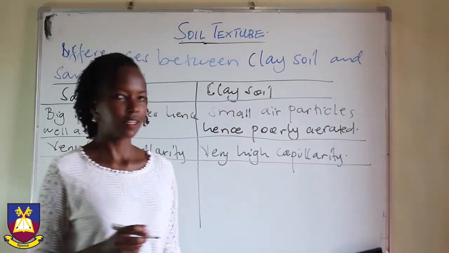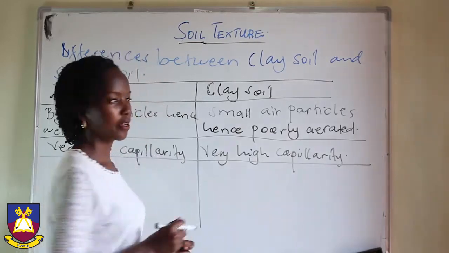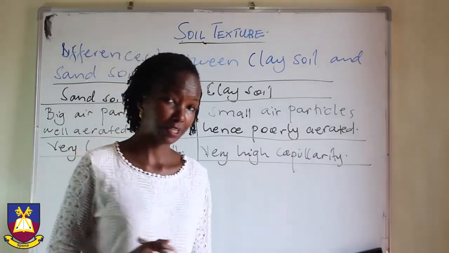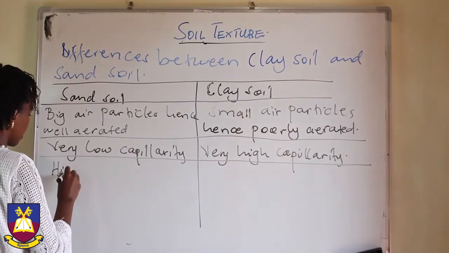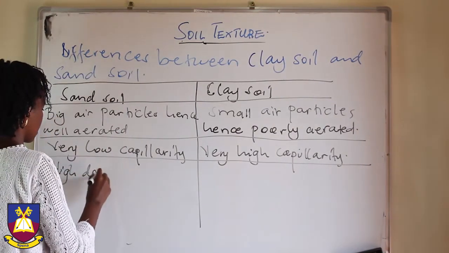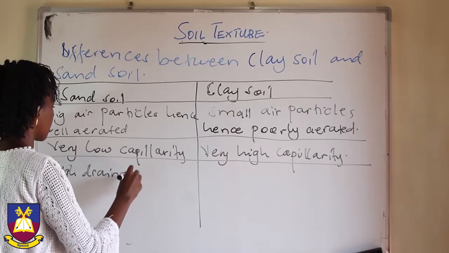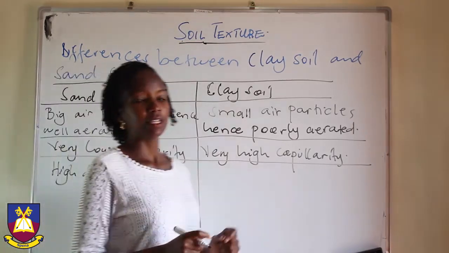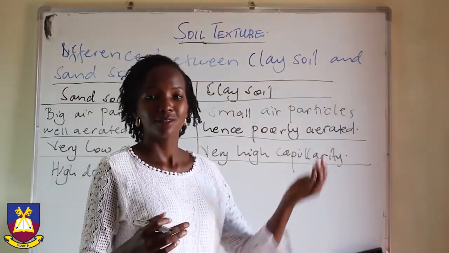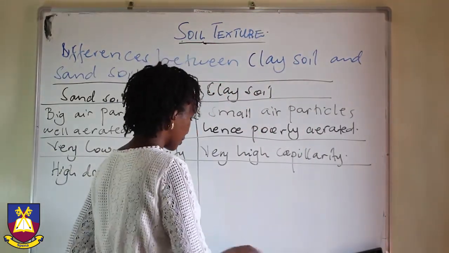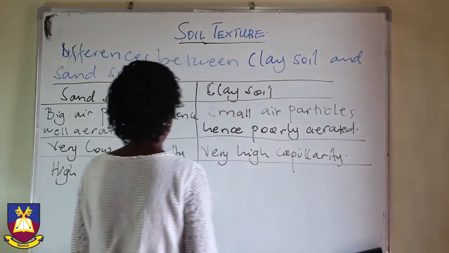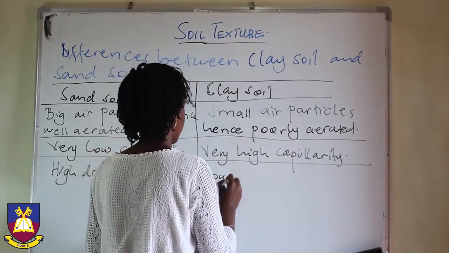We also said that sand soil has very high drainage. By this we mean it is very easy at losing the water that has been put into it. How about clay soil? It has low drainage.